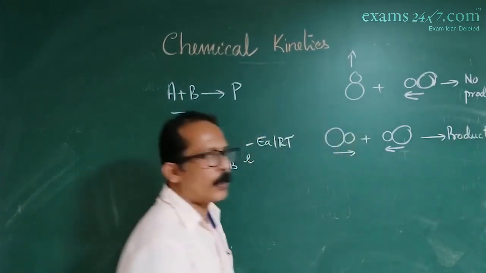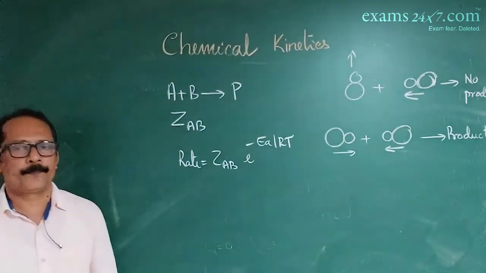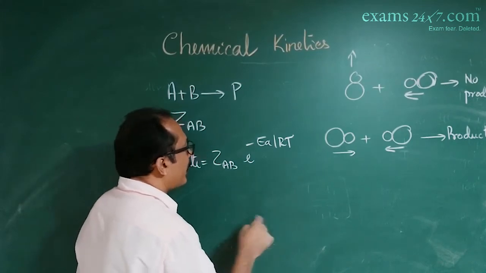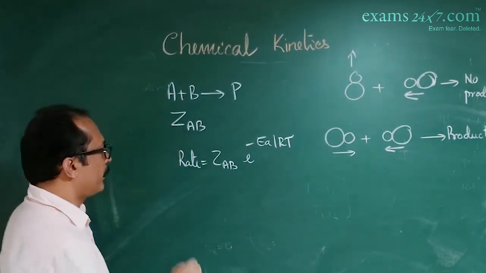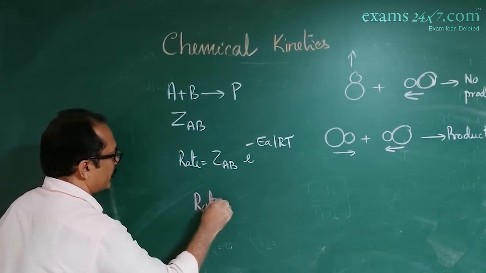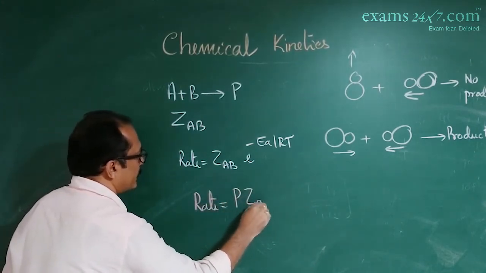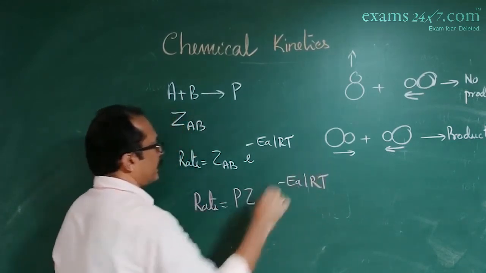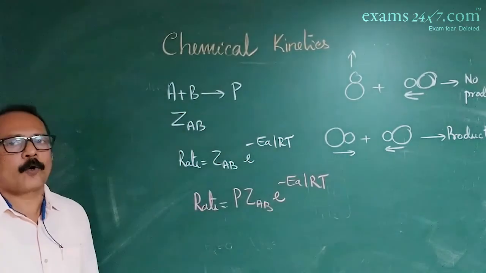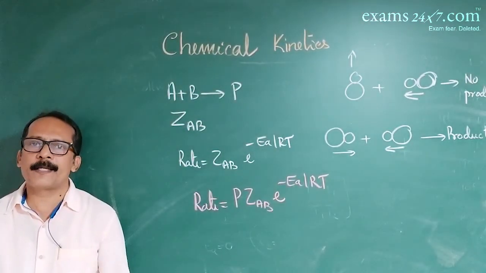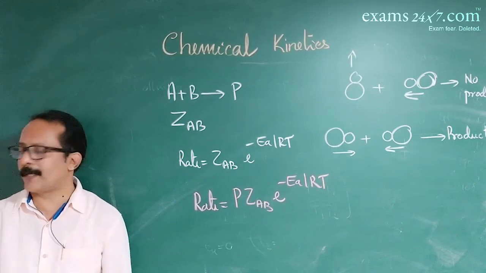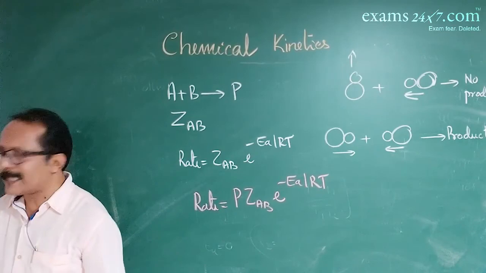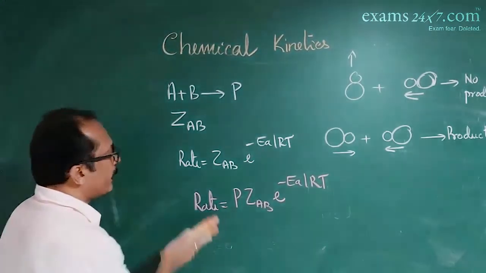So rate of the reaction is also directly proportional to orientation factor P. Therefore, by combining these two, orientation factor as well as collision frequency, rate of the reaction is equals to P into ZAB e to the power minus EA by RT. So this is according to collision theory, where rate of the reaction depends on the collision frequency as well as the orientation factor. Next, about the effect of catalyst, or about the energy profile diagram.